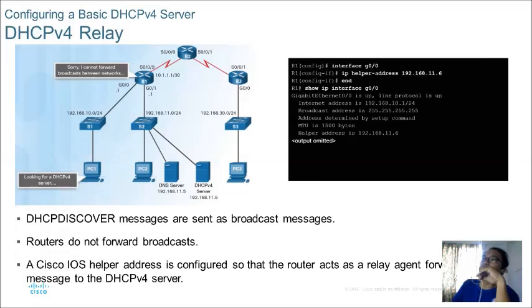Next, this is the DHCP relay. DHCP discover messages are sent as broadcast. So this PC here will look for the DHCP here. If the DHCP is placed here, then it's okay, no problem, because it is directly connected to that particular port.